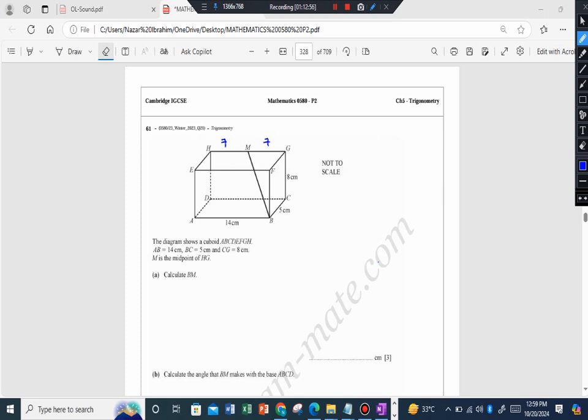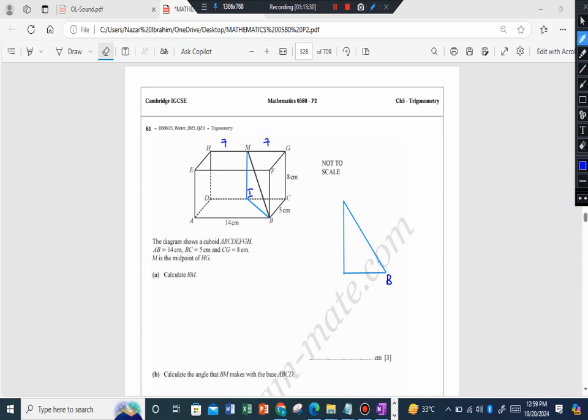Now calculate BM. In order to calculate BM, first I am making a line from M to the base ABCD, and from that base to this side. I'm naming this point I, and now I'm making the triangle BMI.